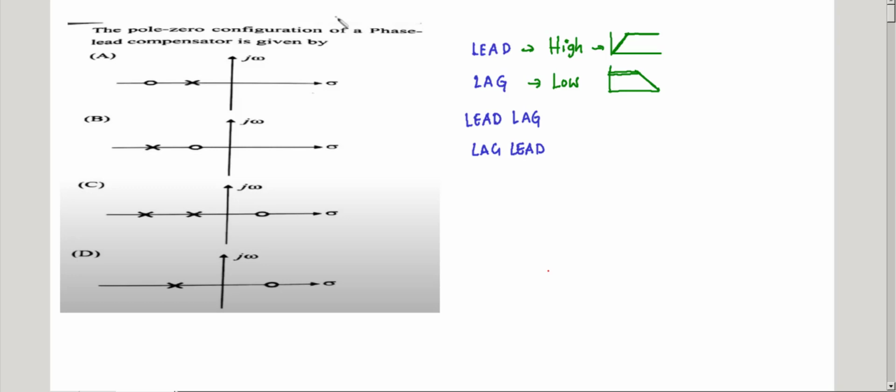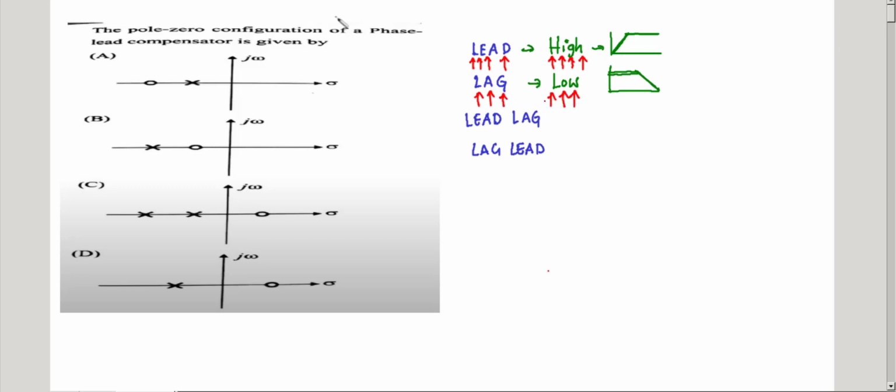How many letters are there in lead compensator? 1 2 3 4. How many letters in high pass filter? 1 2 3 4. So 4 letters, high pass filter. This is 3 letters, low pass filter.